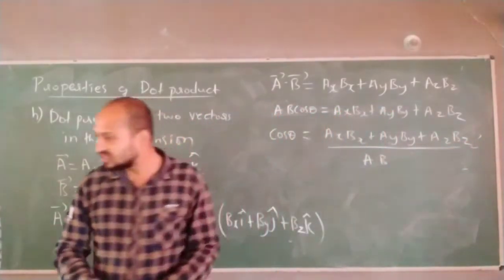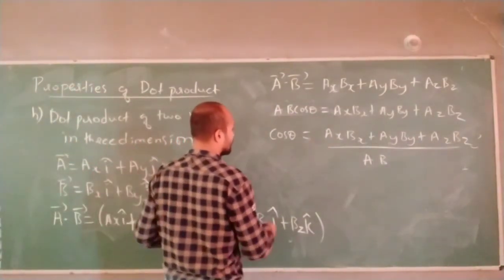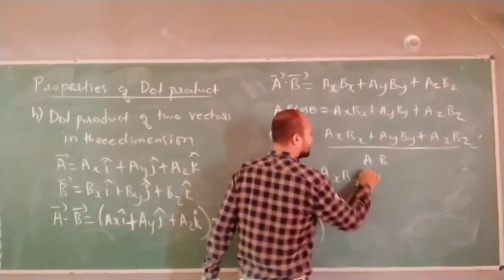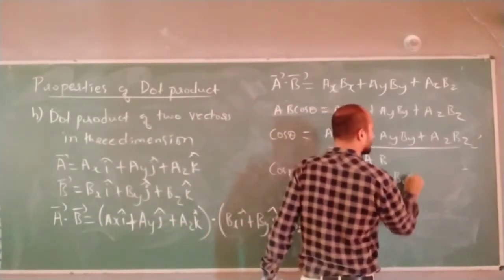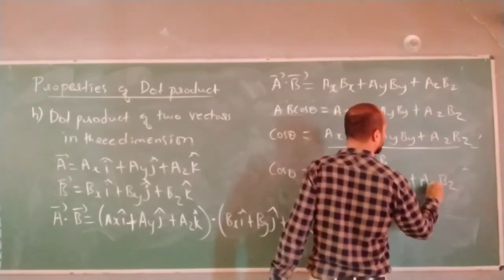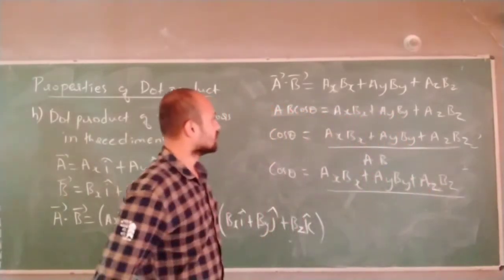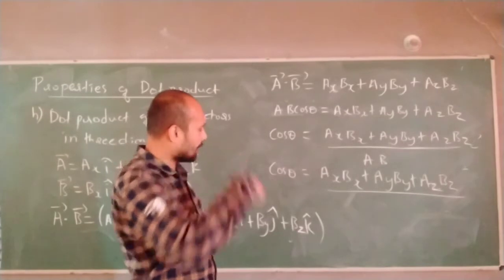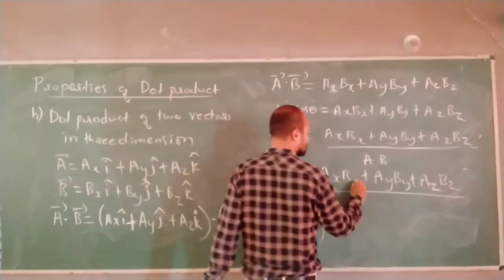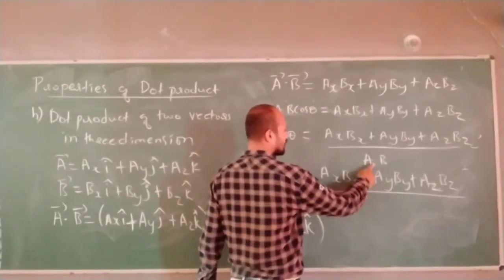Correct? Still, if you want more conclusion on this, I can write cos theta is equal to AX BX plus AY BY plus AZ BZ divided by what is that?